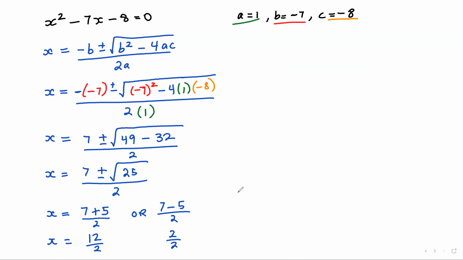So x is equal to 12 divided by 2, which is 6, or 2 divided by 2, which is 1. The tricky part about using the quadratic formula is when you have those negative signs. You have to be careful with those negative signs. Let's do another one, and this will be the last one we're going to do for today.